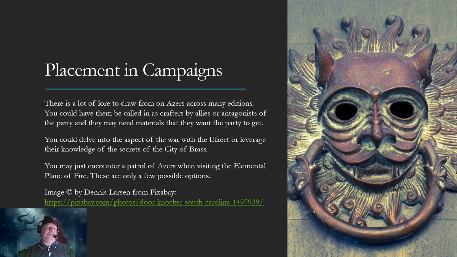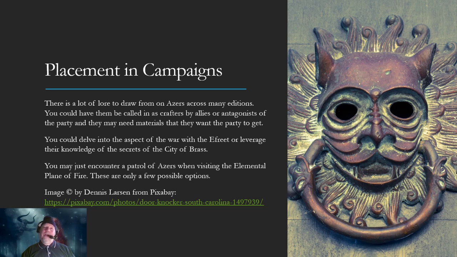You could have Azers appear as craftsmen that are called by allies or antagonists of the party, and they may require materials. The party may have been sent to sabotage a project that an antagonist is working on, and they come and they find out that there's a bunch of Azer craftsmen that are working on that project.